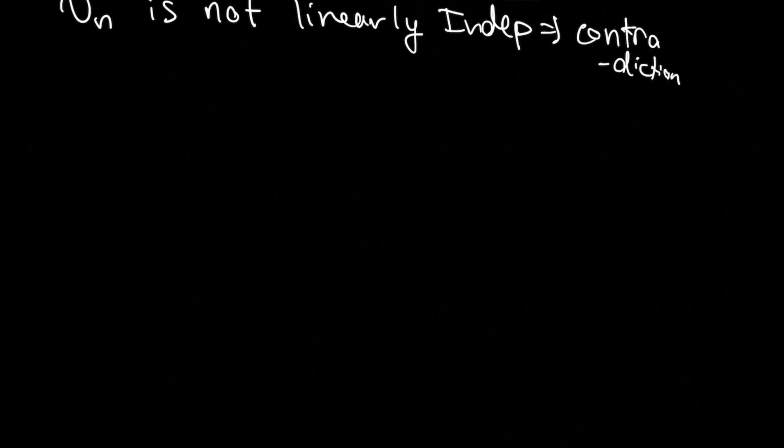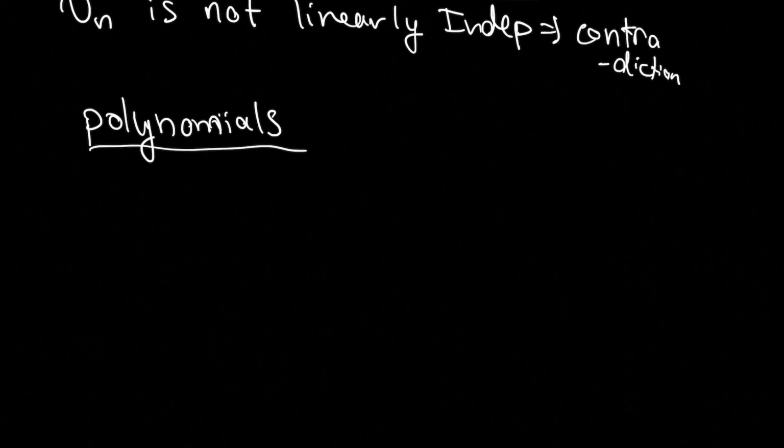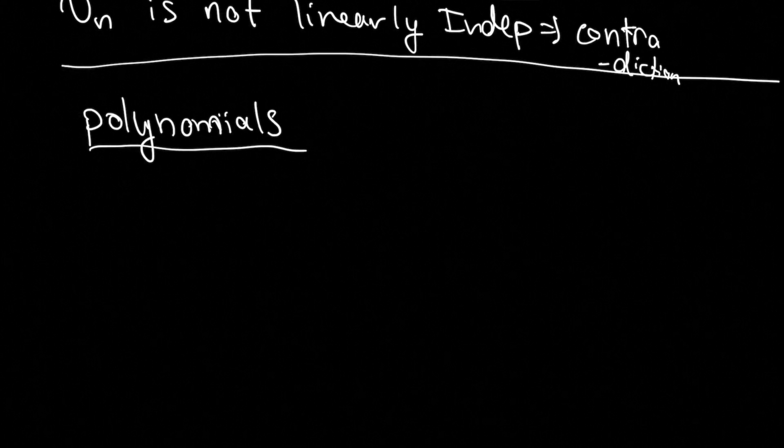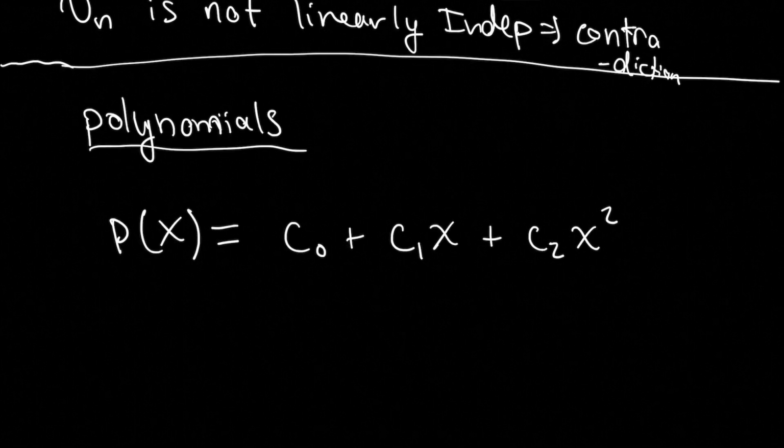It can be insightful to understand the concept of linear independence in the context of polynomials. Recall from the last video, polynomials are a vector space. So the space of all polynomial functions, which can be written as c0 plus c1 times x plus c2 times x squared.